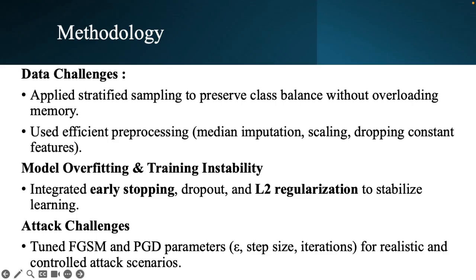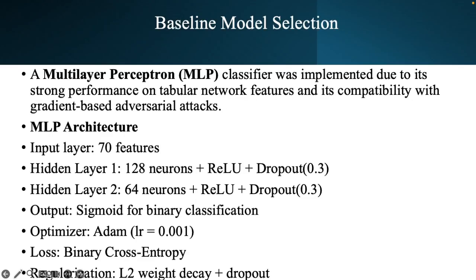Training stability improved using early stopping, dropouts, and L2 regularization. FGSM and PGD hyperparameters were tuned for realism. In this project, we used a multi-layer perceptron with two hidden layers. This architecture works well for tabular intrusion data.